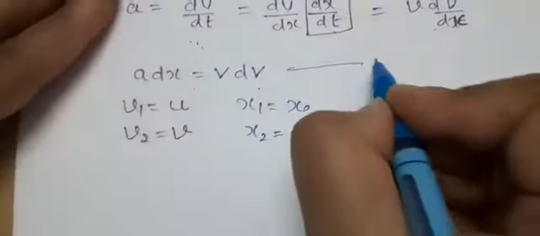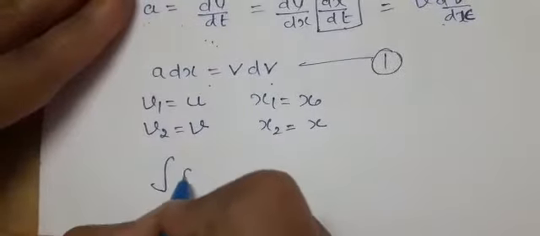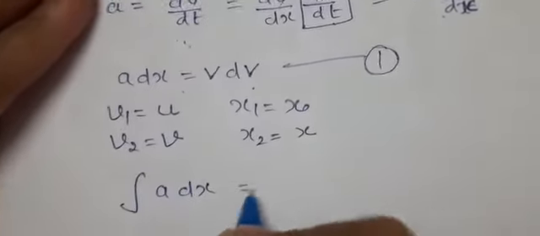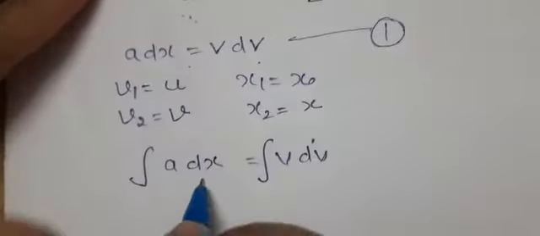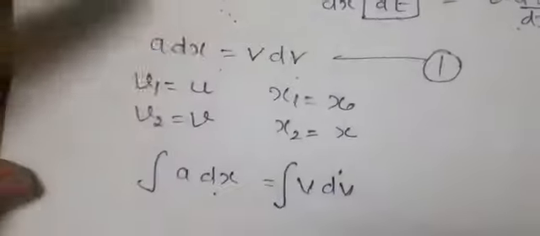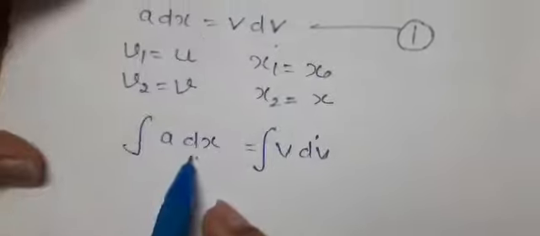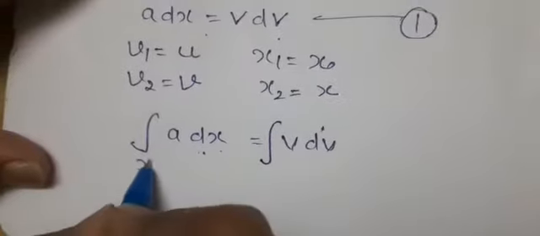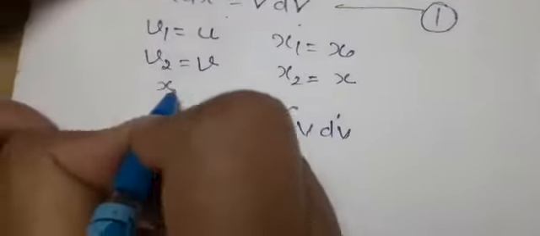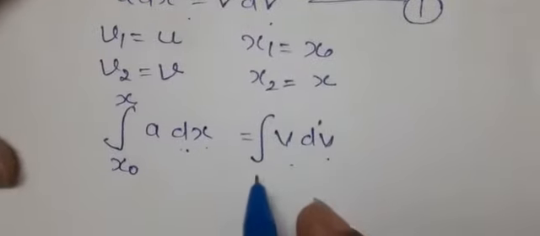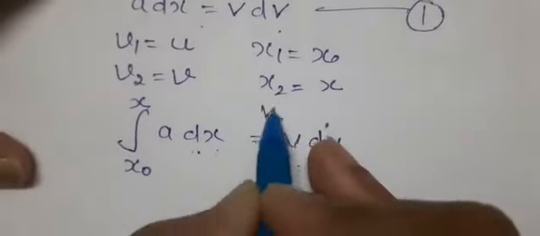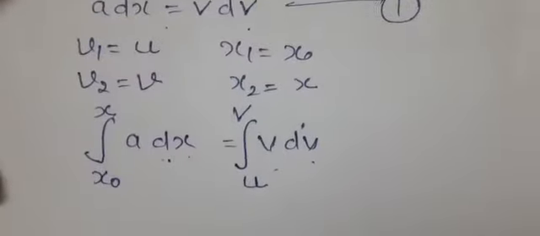So now integrate equation 1 within the limits. Here integration is with respect to x, so limits will be x naught as initial limit to final limit x. And here integration is with respect to velocity, so the initial limit will be u and the final limit will be v.